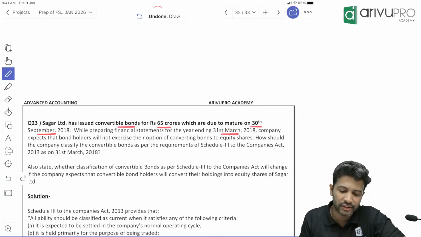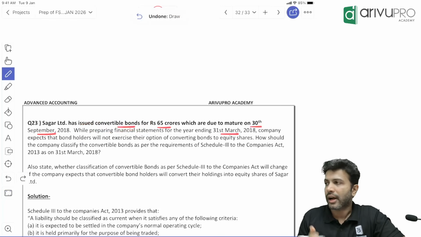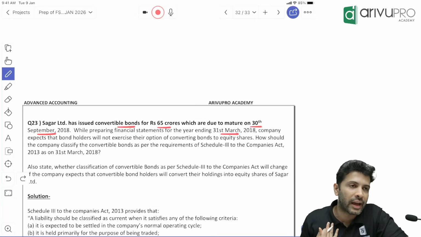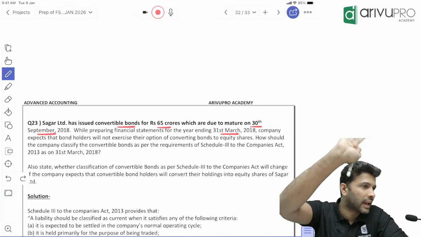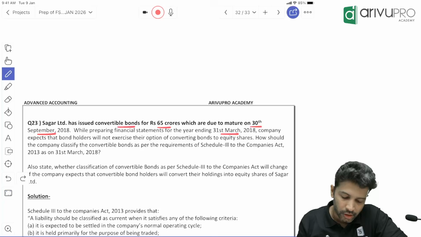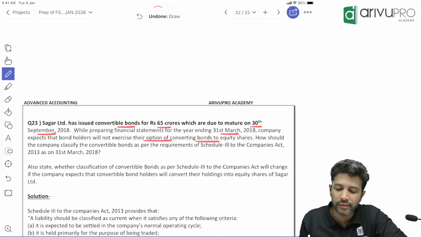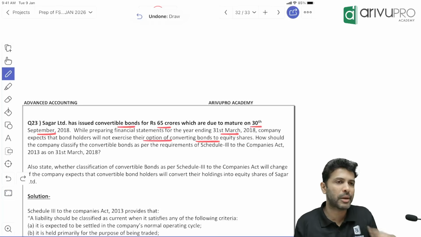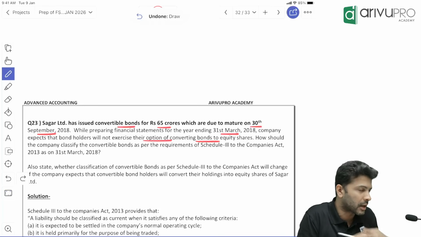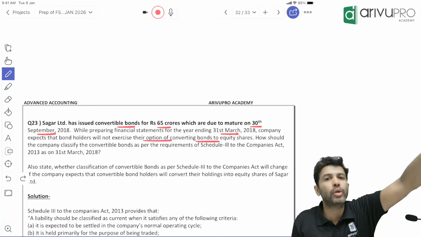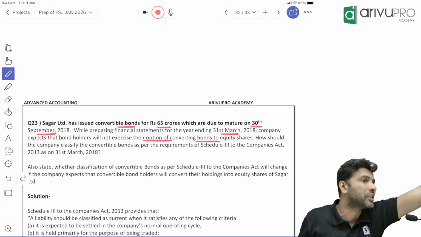The company expects, these are convertible bonds. The conversion option the company could have or investors can have, whoever has that conversion option. The company expects bondholders will not exercise their option of converting bonds to equity shares. Maybe the company does not have this conversion option. The company has told the bondholders, you take a choice whether you want money or equity shares.